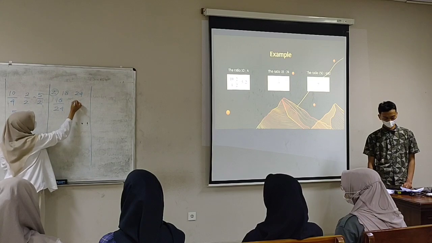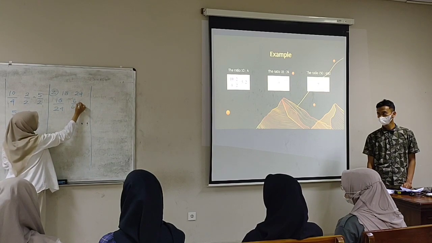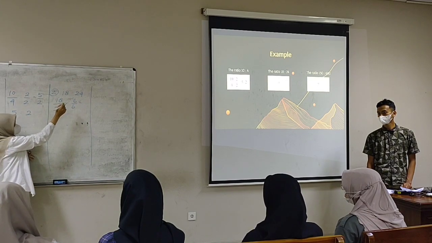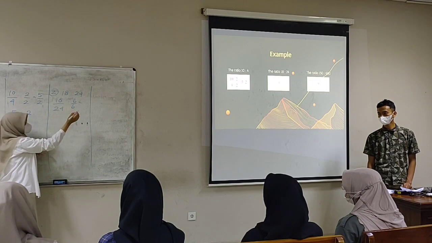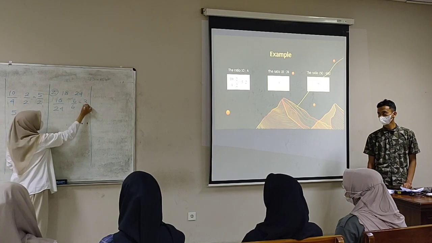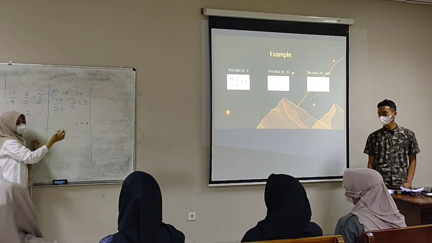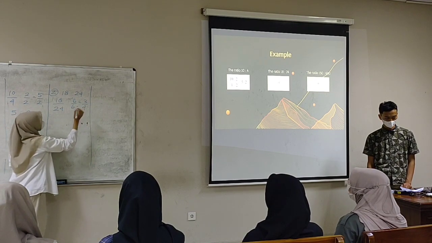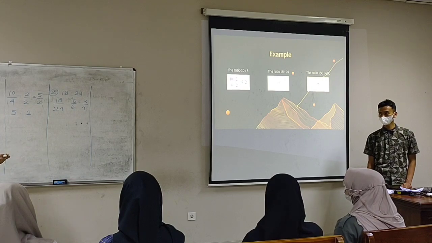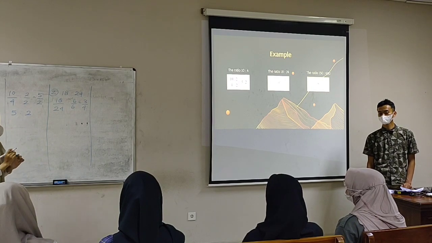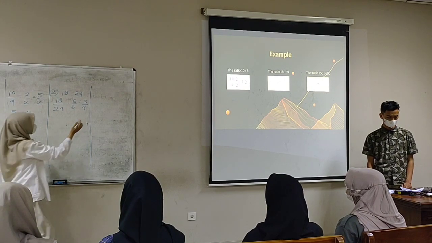Okay, good. 6 over 6. So 18 divided by 6 is 3, and 24 divided by 6 is 4.